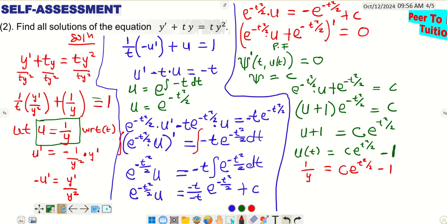Then I can reciprocate. If you reciprocate, you'll get y of t. y of t should be equal to 1 over c e^(t²/2) minus 1. That is the solution to the equation.